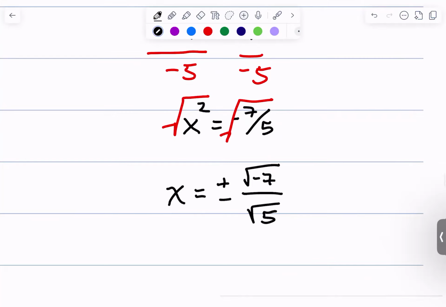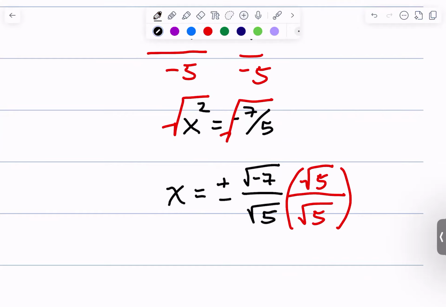So here, I'm just going to try and rationalize the denominator first before I even deal with the i and the negative 1. Okay. So I'm going to be multiplying this by what to rationalize the denominator? Square root of 5, right? The denominator itself.